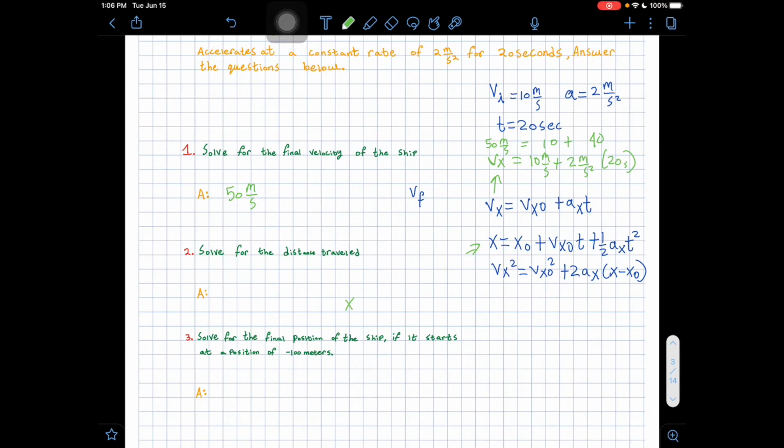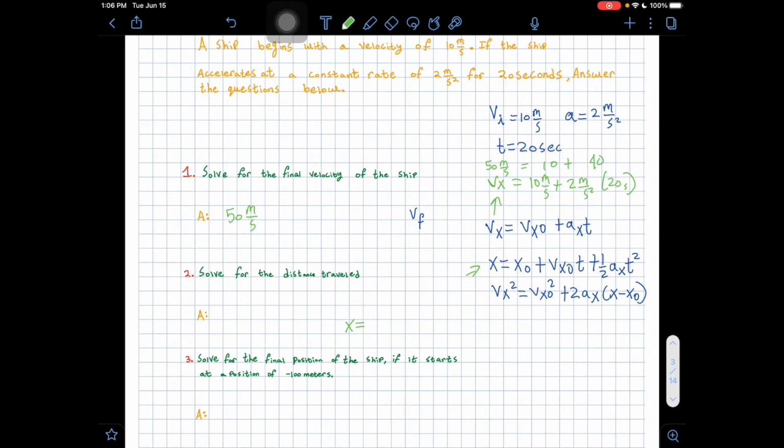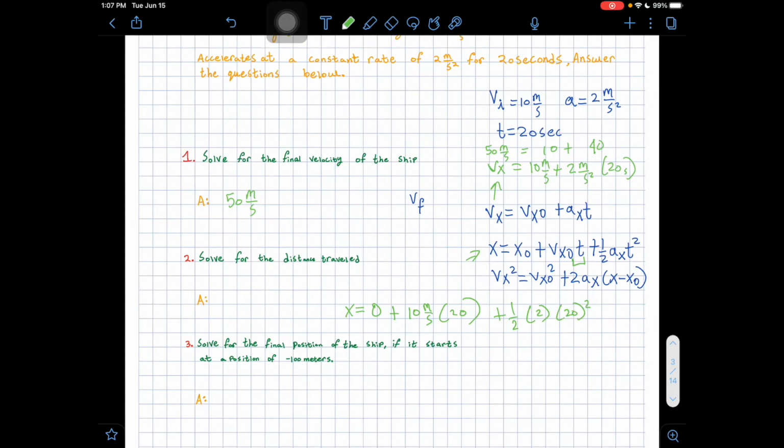So we have x equals x naught, and let's just assume it begins at 0, or wherever it's starting in this scenario is our 0 point or beginning. So 0 plus our Vxo or V naught, which we are given as 10 meters per second, times our time, which is 20 seconds, plus 1/2 of our acceleration, 1/2 of 2 times our time, 20 squared.